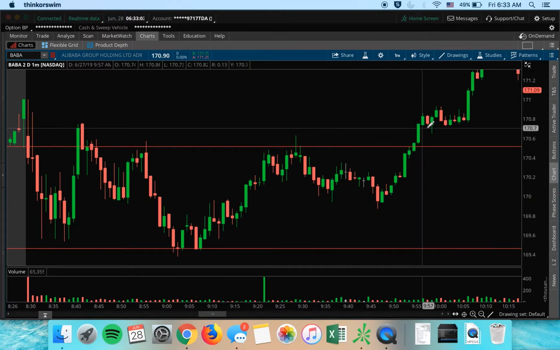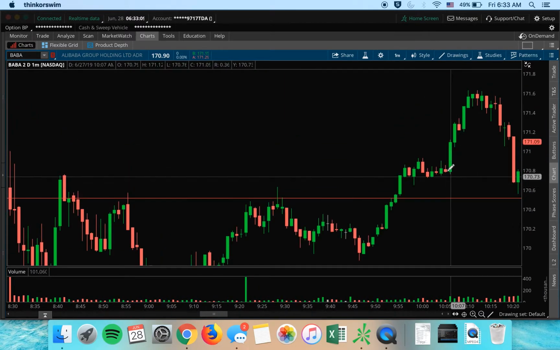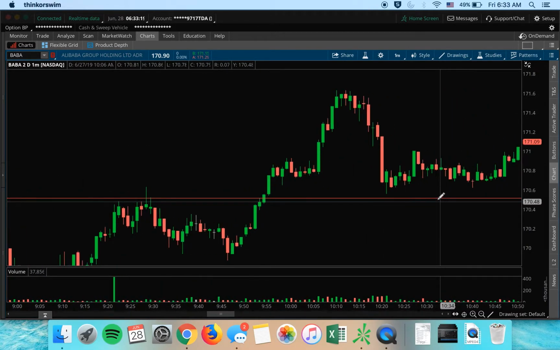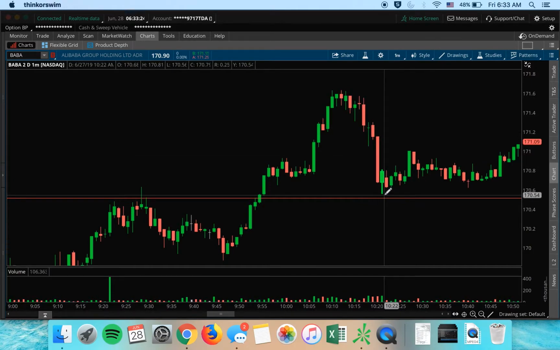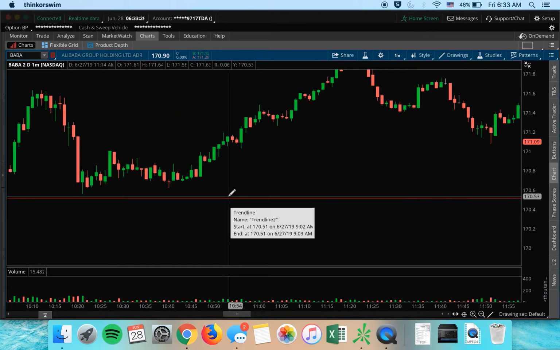Right here we see that it holds this previously tested area of resistance and then it breaks out for a nice little uptrend that you could scalp for a good dollar or so right there in that one move. And then the chart comes back down, and then look, it tests previous resistance as support right here.